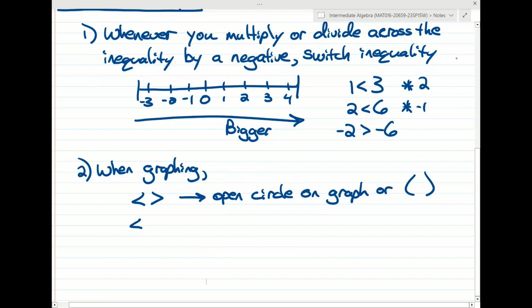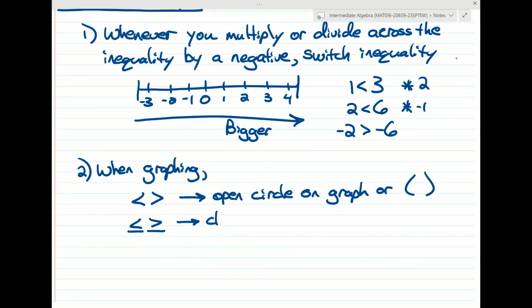And if we see a symbol like this or like this, it's going to be a closed circle on the graph, or we use brackets. So I'll give you a second to copy that down, and then I'll show you with some examples.